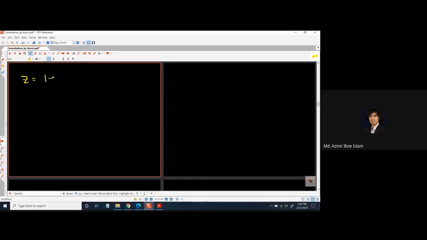Let's take one example, 1 plus 2i. So 1, and 1, 2. So this is the point (1, 2). And we will always draw a line from the origin O to the point. Let's say this point is P. So OP will act like a vector. Here you can understand that 1 is representing x and 2 is for y. So the distance that we have horizontally is 1, and the distance that we have vertically is 2.